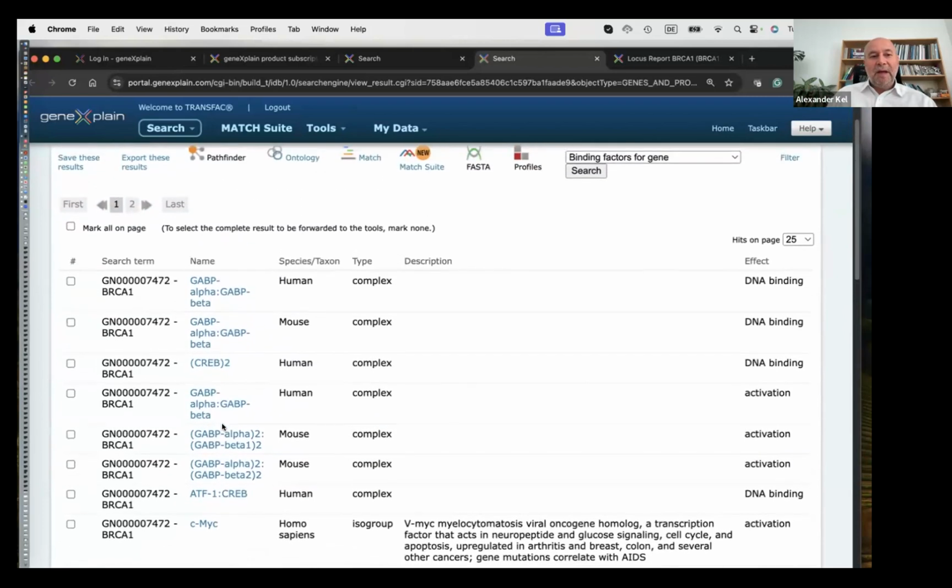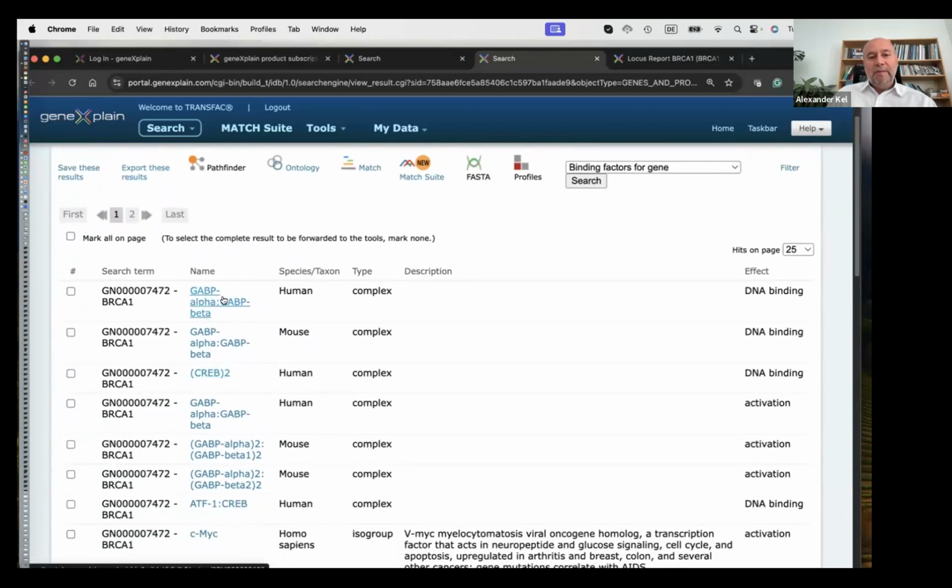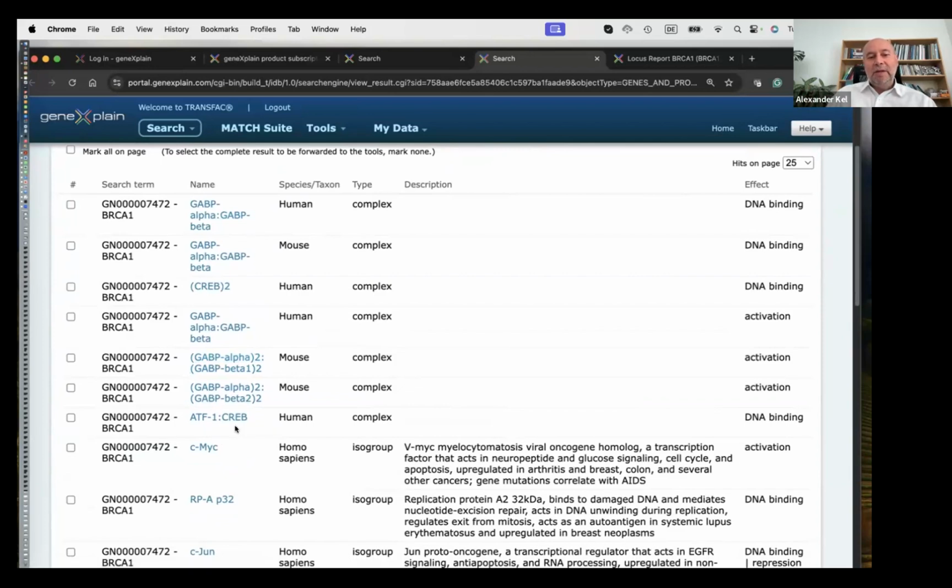And among the transcription factors, you see binding factors like GABP alpha with GABP beta, like CREB, another CREB, ATF1.